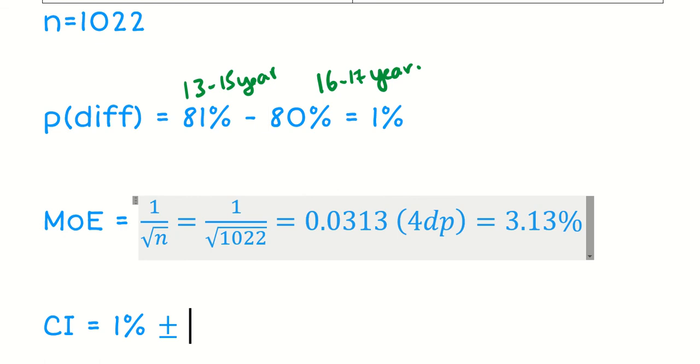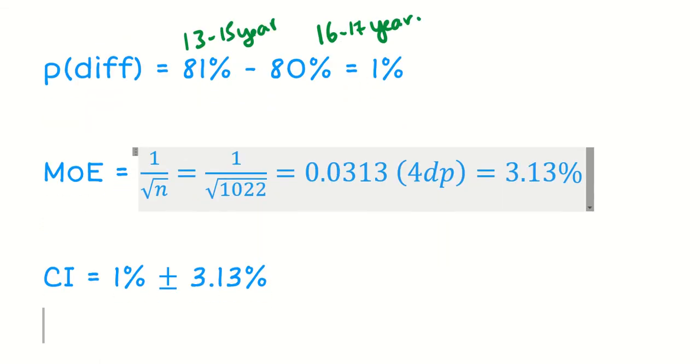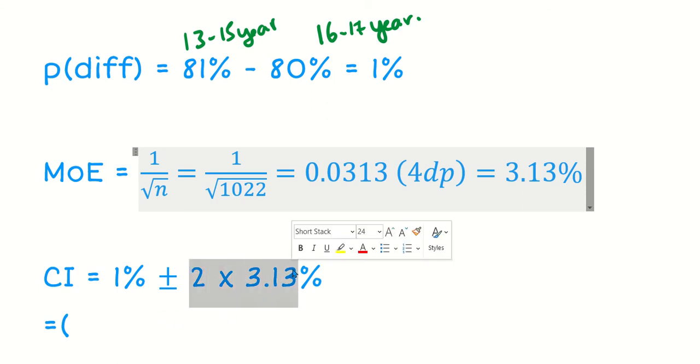So I'm going to have plus or minus 3.13%. So that is going to give me a confidence interval. So now I'm going to do, oh no, I've forgotten one thing. We're doing a difference, so it's 2 times that margin of error, because we're talking about comparing two proportions. So the margin of error needs to be multiplied by 2.